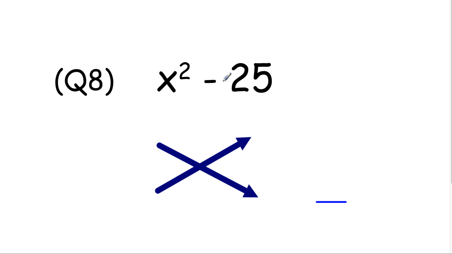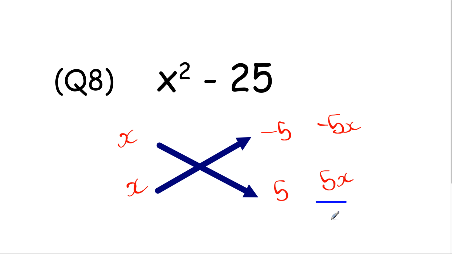So question 8, there are 0 x's, 2 factors that multiply to give you 25. They've got to both sum together to give you 0. Have you thought of what they are? So it's x and x on this side, minus 5 and positive 5. So -5x and positive 5x when we multiply.